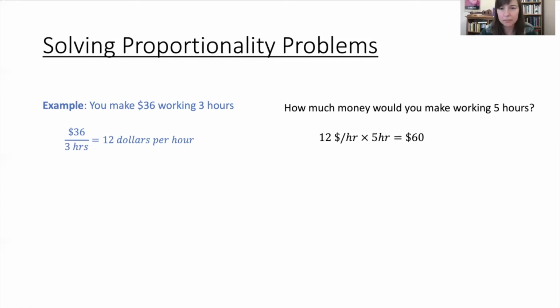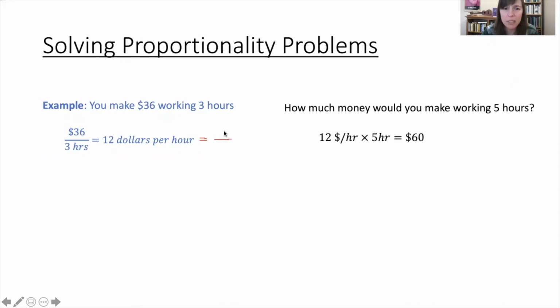And I guess maybe I'll say, how did I know to multiply by 5 hours anyway? Well, it's this constant of proportionality. That's your B over A, and it didn't matter what your B over A was. Here, our B was 36 and our A was 3 hours.